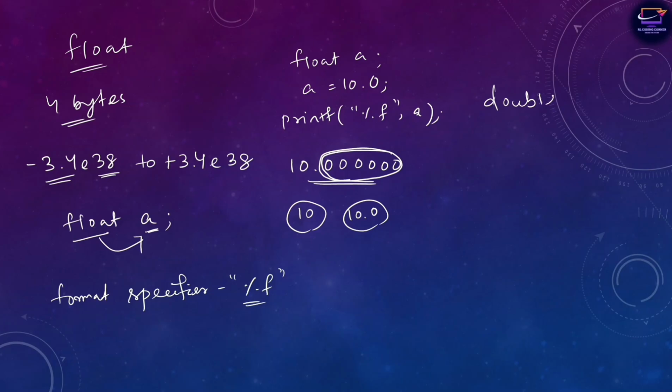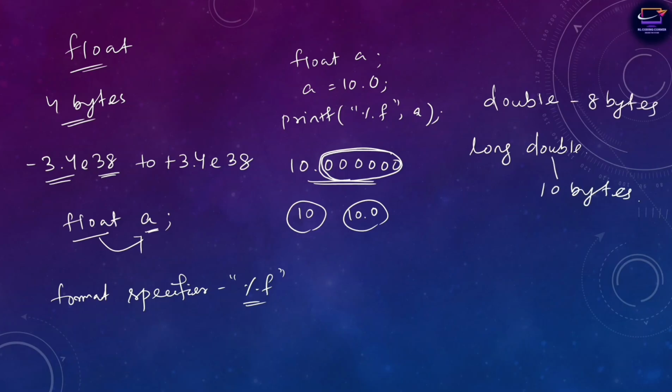Double will take 8 bytes in memory and long double will take 10 bytes in memory, right?